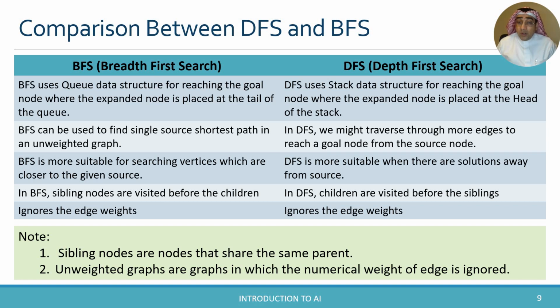So if you have a large, very deep tree, and you know that your answer lies in the lower end of the tree, then depth first search is a better algorithm to use than a breadth first search. Whereas if you know that the answer would be on the top layers, then the breadth first search will beat the depth first search. Okay, so these are some tricks on when to use which one when you're doing search.